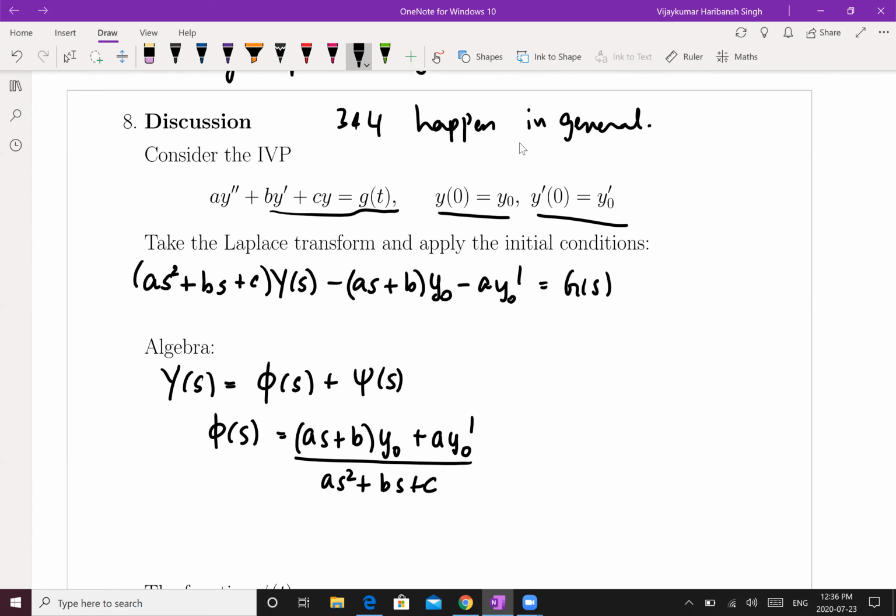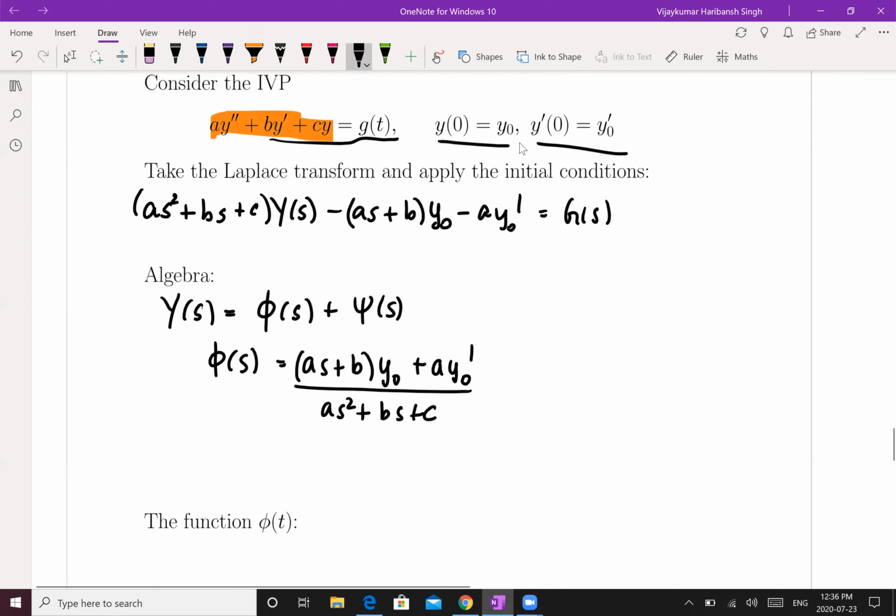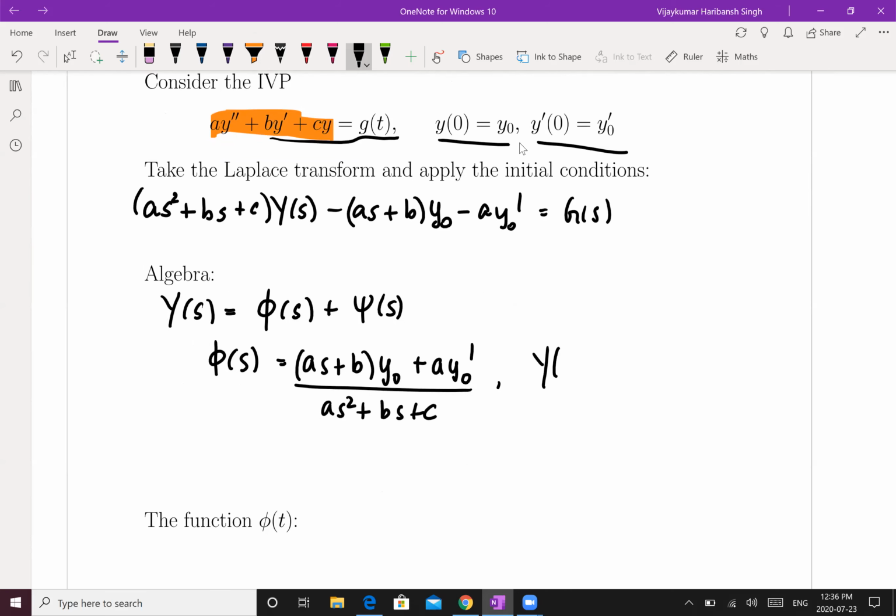Note that this part depends only on the homogeneous part. And then we have the other part, psi of s, which is G of s upon a s squared plus b s plus c.